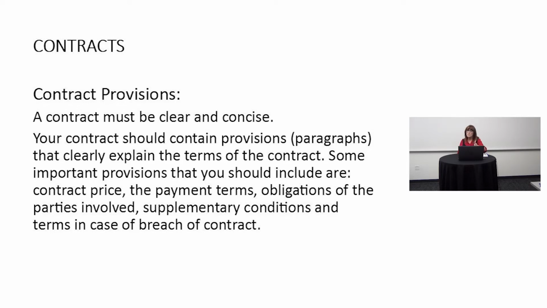Some important provisions that you should include are the contract price, the payment terms, who's going to pay me and when, the obligations of the parties involved, supplementary conditions and terms in case of a breach of contract. A breach of contract means a break in the contract. And those conditions and terms involve what will happen if someone breaches or breaks the contract.